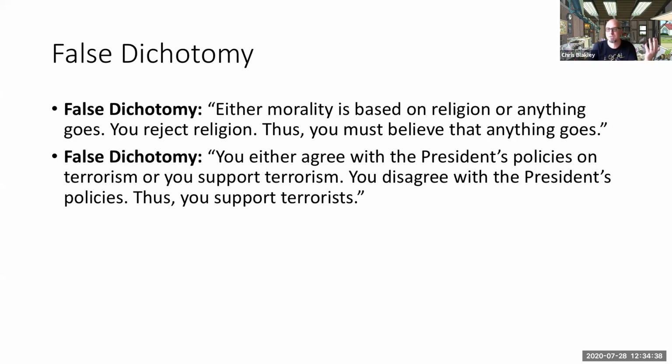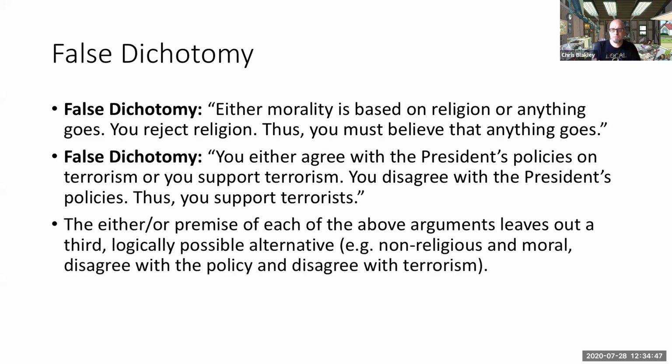It's got a false premise because of an informal fallacy based on the content that's offered. In both of these arguments, the either-or premise leaves out a third logical possibility. In the first example, it's the possibility of being non-religious and committed to some moral viewpoint.